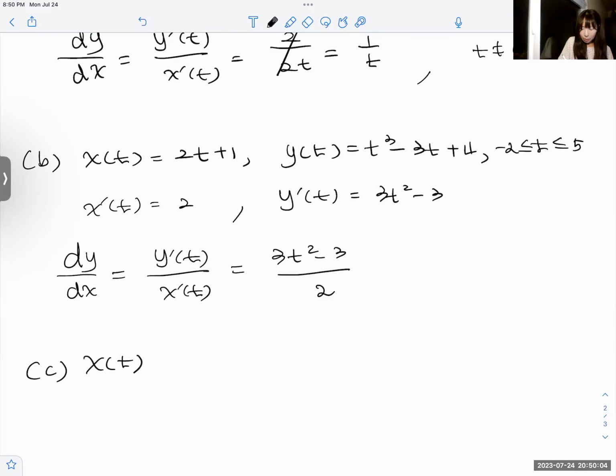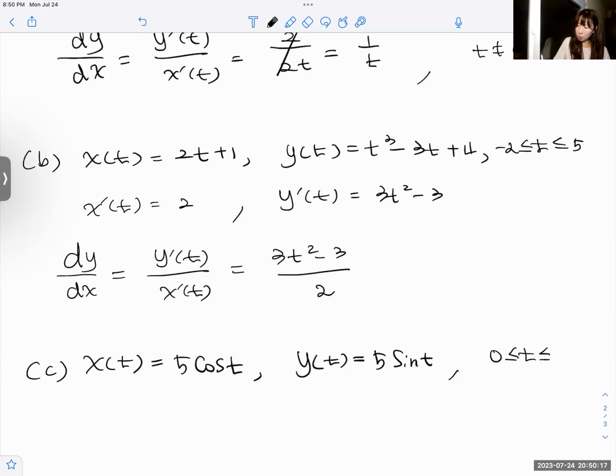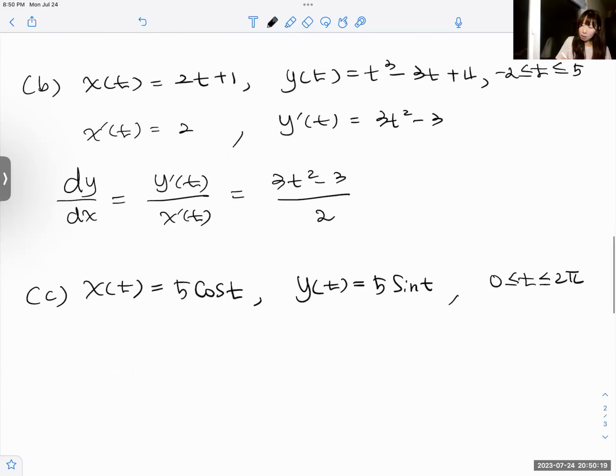Okay, the third one. We have a parametric equation x of t equal to 5 cosine t, and y of t equal to 5 sine t, t between 0 and 2 pi. x prime of t is -5 sine t, y prime of t is 5 cosine t.